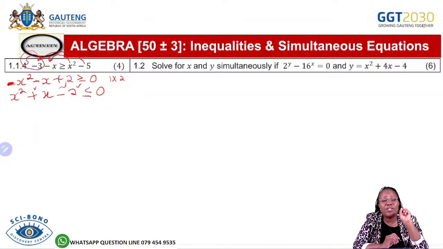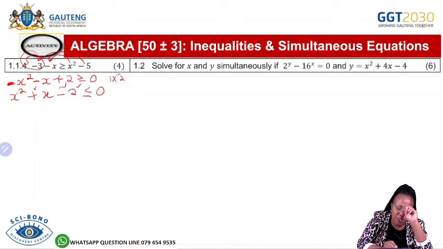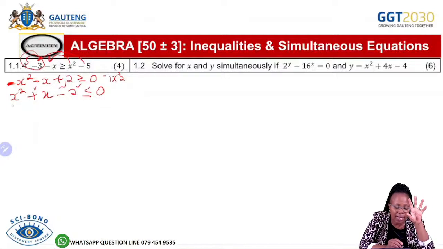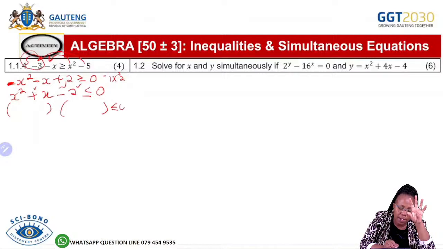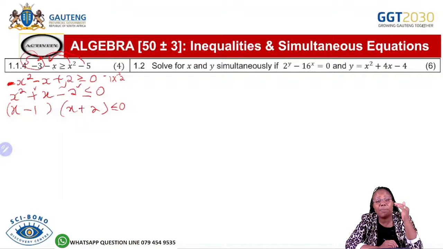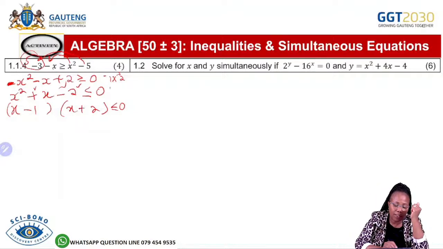In order for this, when you subtract, you get a positive 1, that means 2 must be positive and 1 negative. Happy now we have tested everything. We can now bring this down here. Remember, this is less than equal. Then it will be x minus 1 and x plus 2. You can test also, grade 12, multiply them back. They must be able to reverse to its trinomial step here.